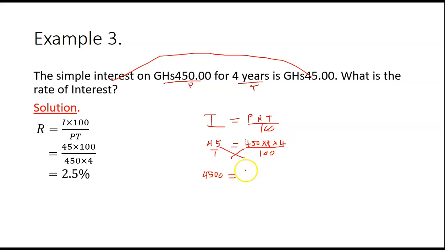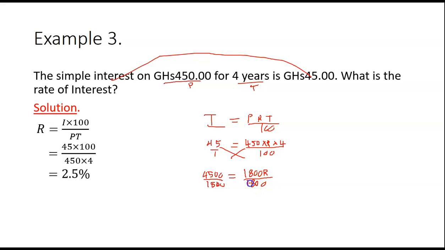Okay, so you have 1,800 R. So you want to make R the subject. So what do we do? We divide both sides by the coefficient of R, which is 1,800.